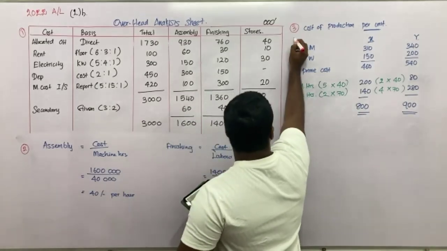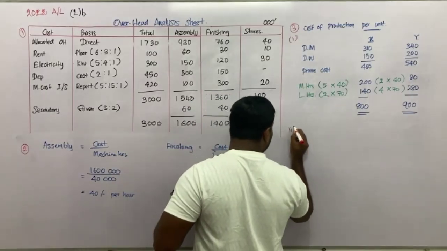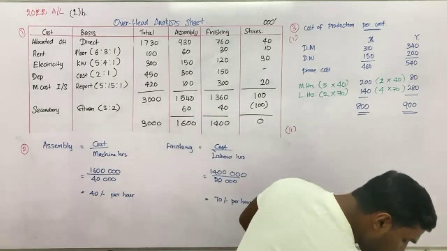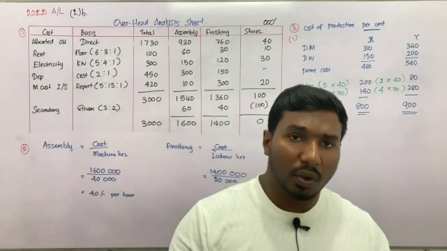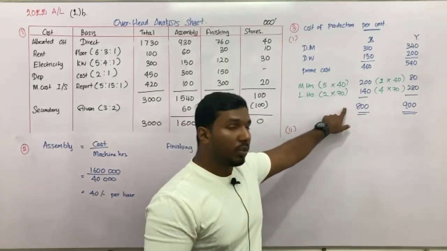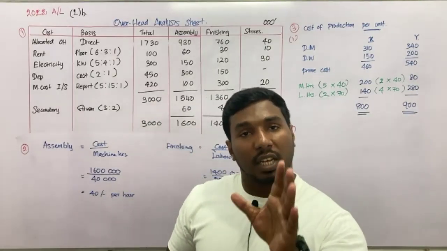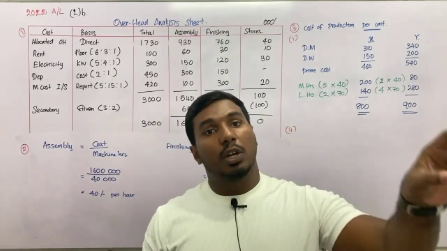Okay, so one is done. What we have to do is the selling price per unit. Okay, how to calculate the selling price? Okay, so this is cost. Okay, in the businesses, we actually don't sell for the cost. In the cost, we have to include the profit, right?